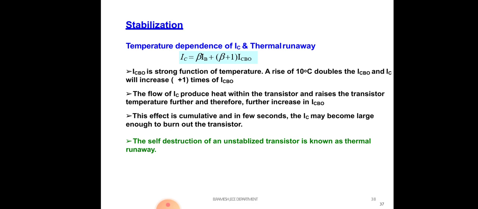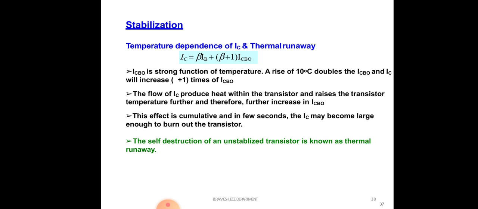For every 10 degrees, the reverse saturation current or leakage current gets doubled. So when your ICBO current increases, your IC current increases (1 plus beta) times. Nothing but your IC current is not constant, it's always running. That's why we are saying thermal runaway.